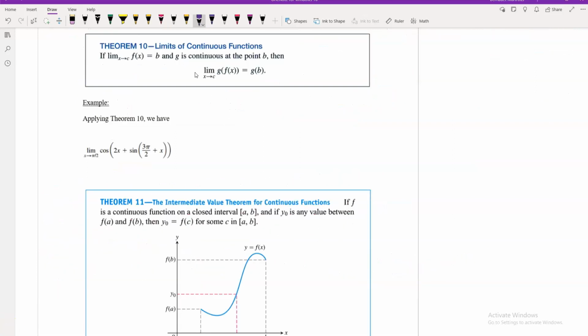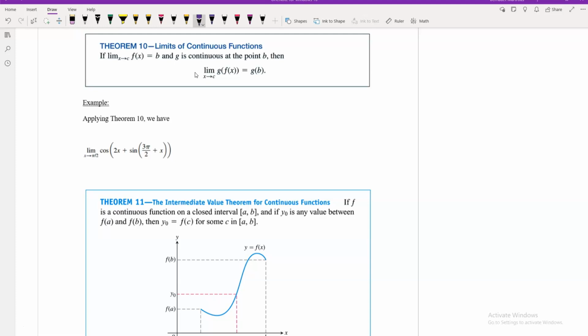Limit of continuous function: if the limit of f of x as x approaches c is equal to b, and g is continuous at the point b, then limit of g of f of x as x approaches c is equal to g of b. Example, we want to apply this theorem here on this part.